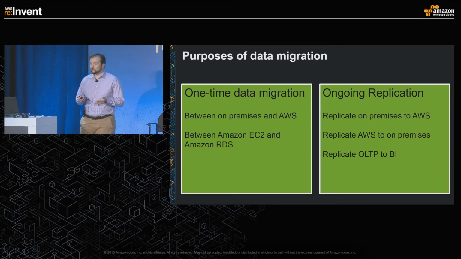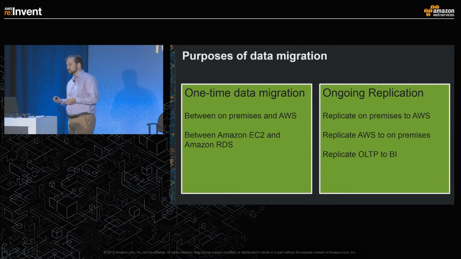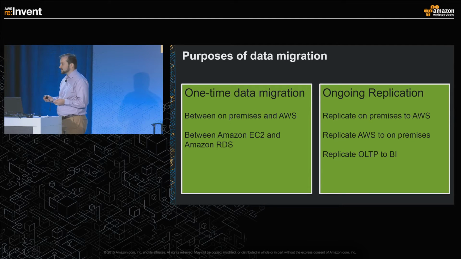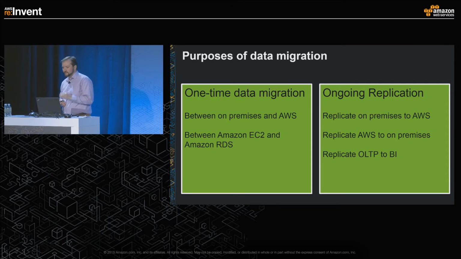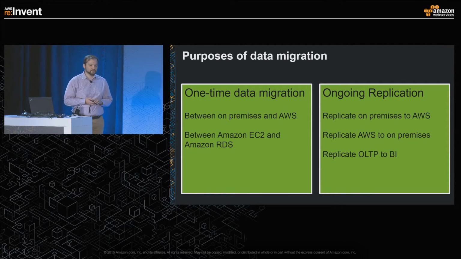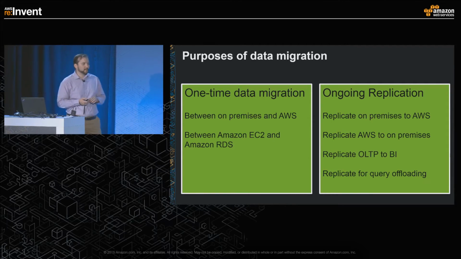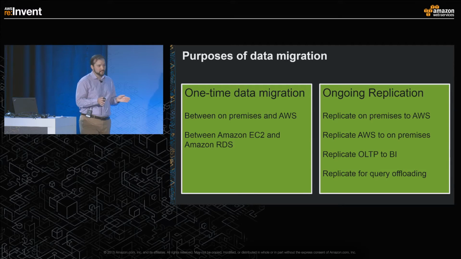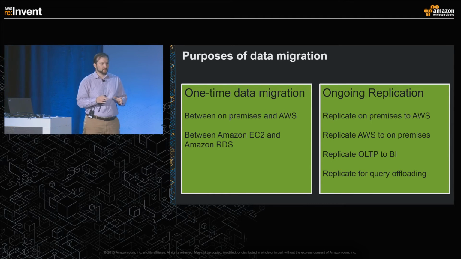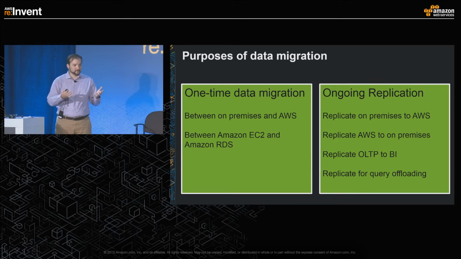Yet another good reason for having the ability to do ongoing replication is, for example, moving your transactional data from your transactional databases into BI systems, data warehouses. Redshift comes to mind as a good target for such a replication. And last but not least, you might want to choose to do ongoing replication if you want to offload some of the queries on your primary database and would like to do read replicas.